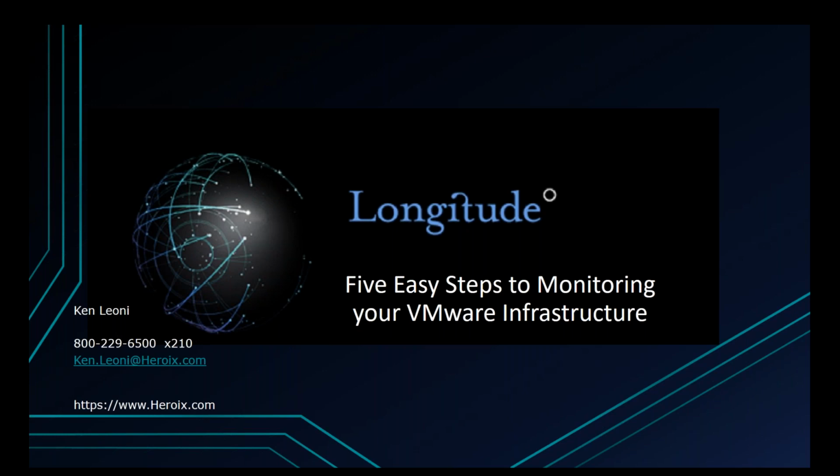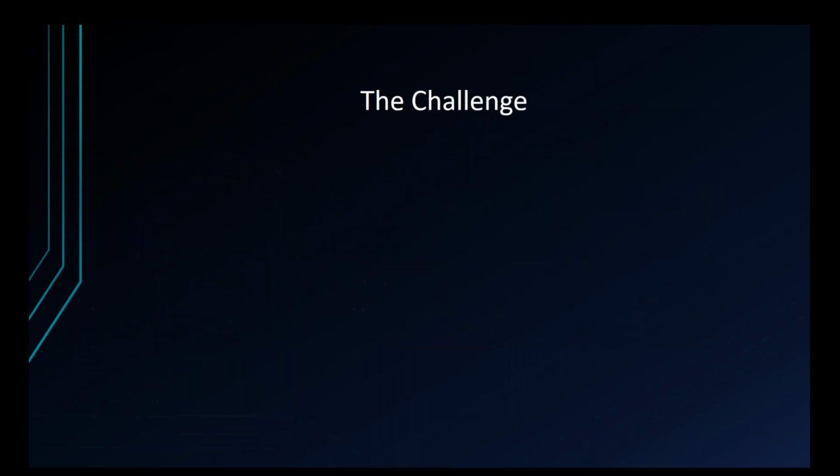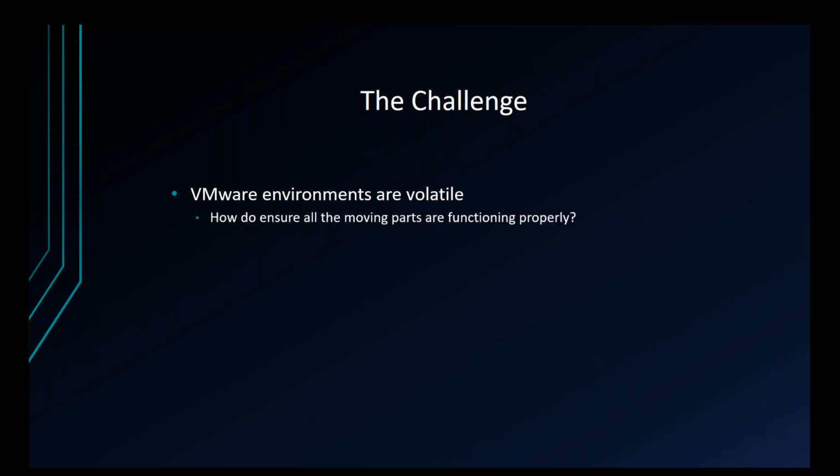So let's talk a bit about the challenge, right? Our VMware environments are certainly volatile, to say the least. So the trick is, how do you ensure that all your moving parts are functioning properly? How do you properly baseline your current usage? Because if you can't see where you are, you can't see where you're going to be going.